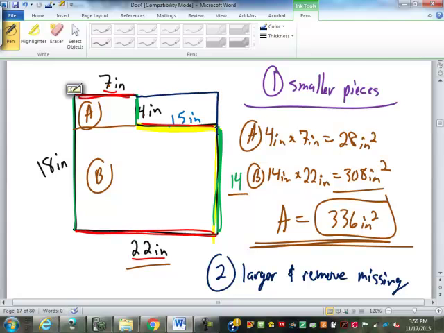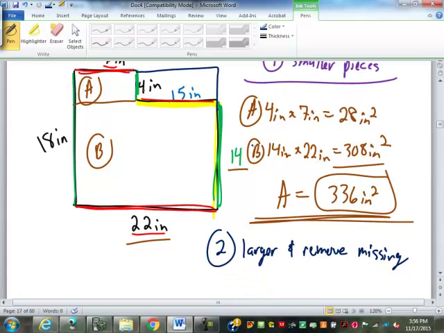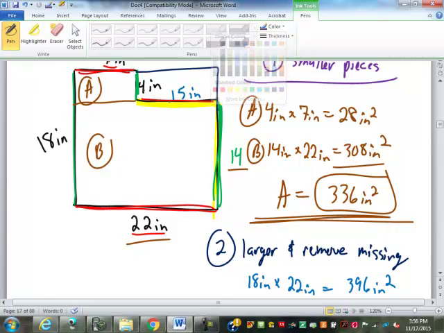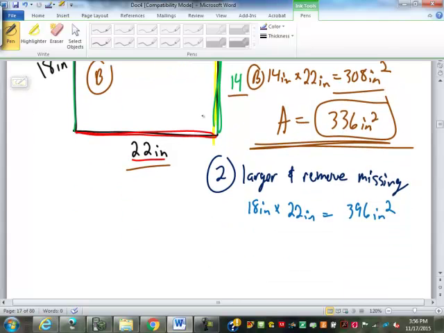I would take this big rectangle, which is 18 by 22, which is what, 396 inches squared, and then remove the missing piece here, which is this rectangle that's missing. That's 4 by 15, which is going to be 60 inches squared. I subtract that, I get 336 inches squared.